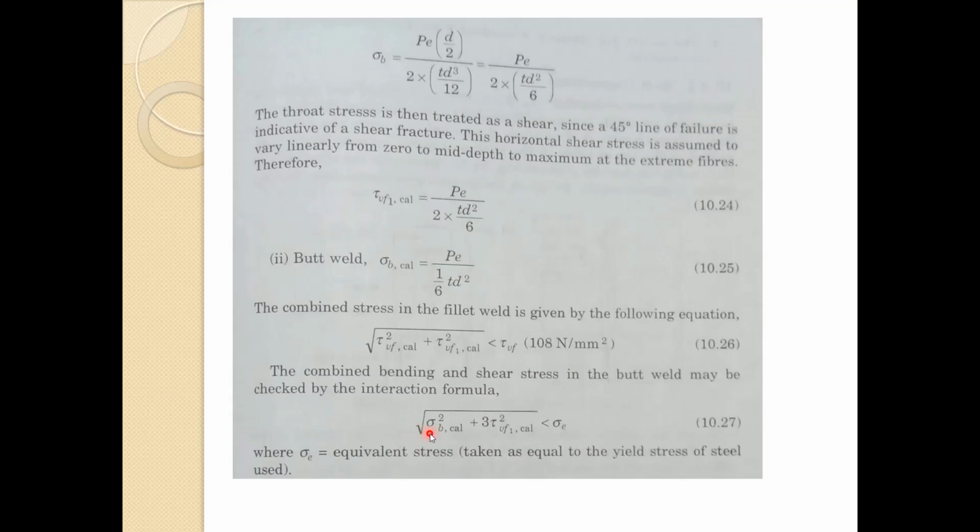So we have the formula, sigma b square plus 3 into tau vf1 calculated should be lesser than the equivalent stress, and it is taken equal to the yield stress of steel used. So this is how we can find the stresses and compare them.